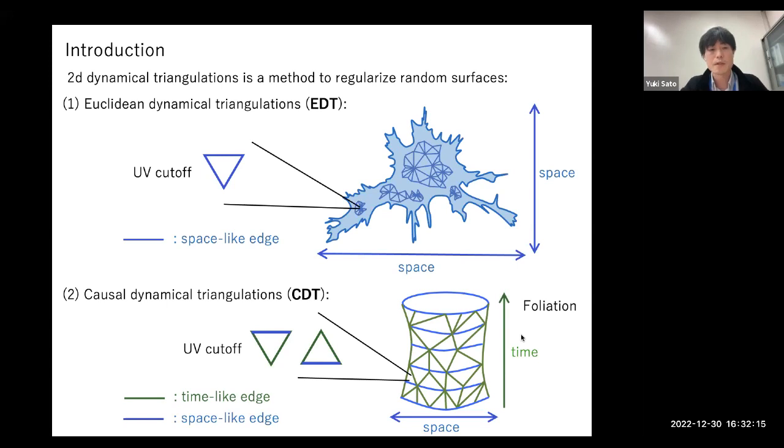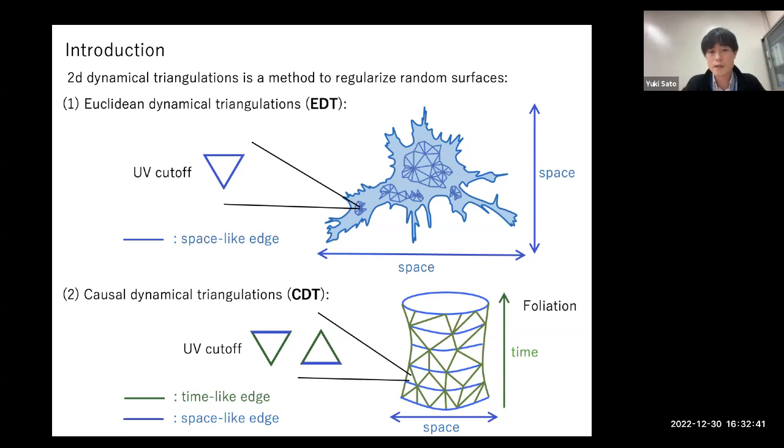The first one is Euclidean dynamical triangulations, dubbed EDT. In EDT, one discretizes the 2-dimensional Euclidean surface by equilateral triangles, like this. So every single triangle is exactly the same.